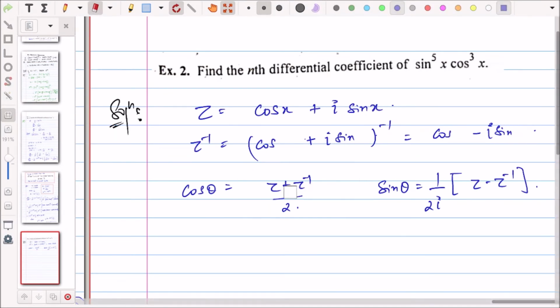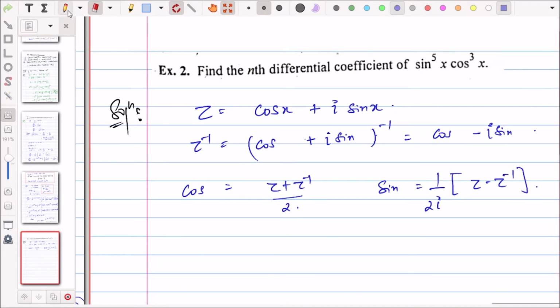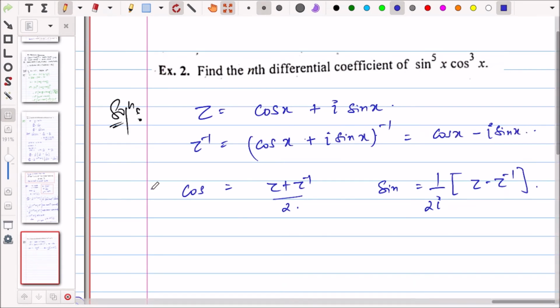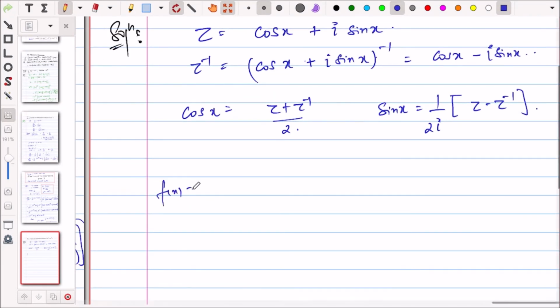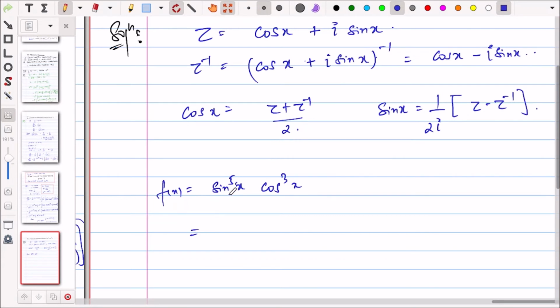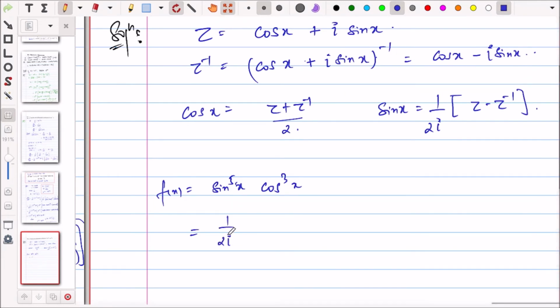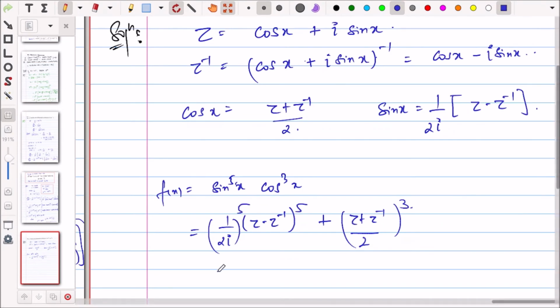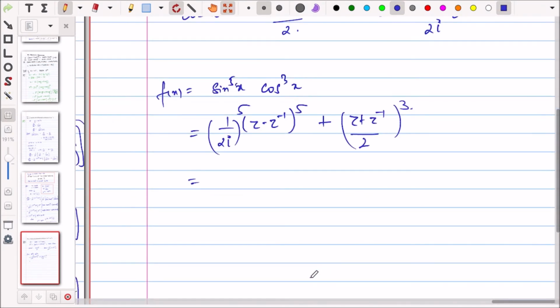So f of x equal to sin 5x cos cube x becomes 1 by 2i times z minus z inverse to the power 5 plus z plus z inverse by 2 to the power 3, right? Is it fine? Yes, sir.